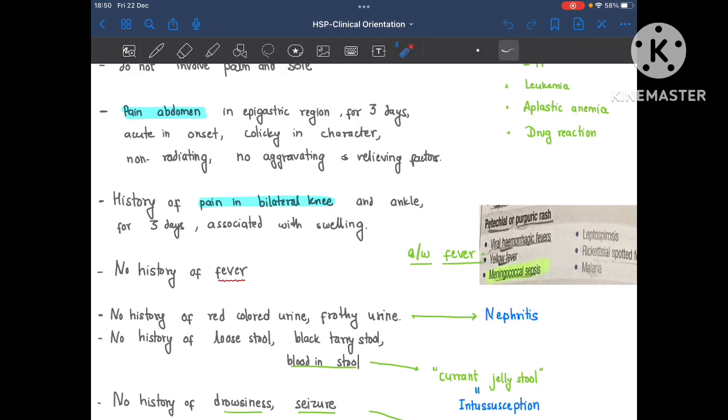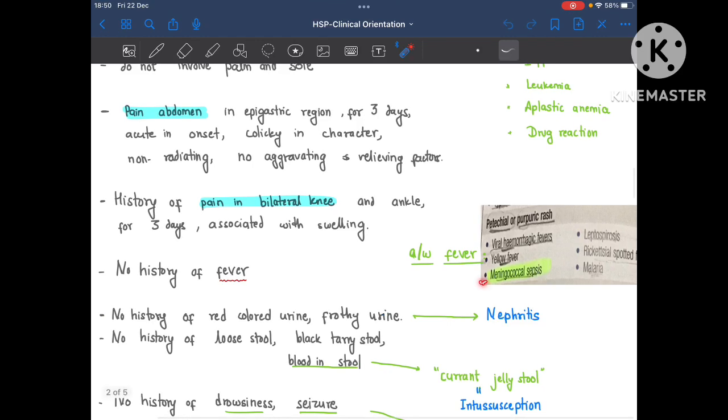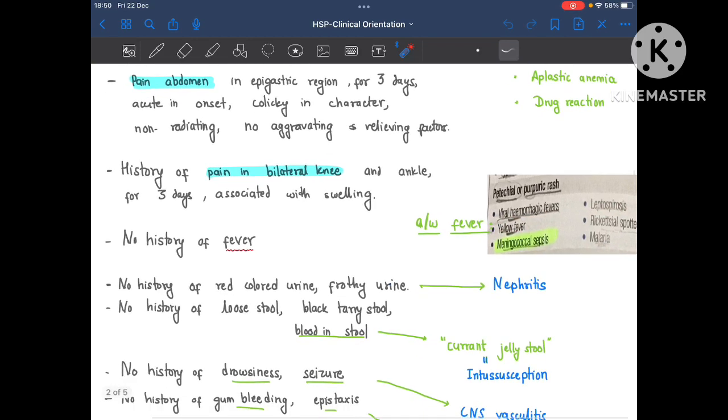So if there is fever, we could suspect that, along with neck rigidity and various features, meningeal signs, shrill cry in the child. We should include all those in the history. Now others are viral hemorrhagic fever, yellow fever, leptospirosis, malaria. In the tropics, they could all be differential diagnoses for the purpuric or petechial rash.